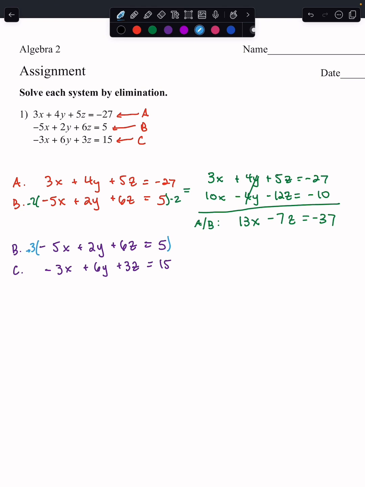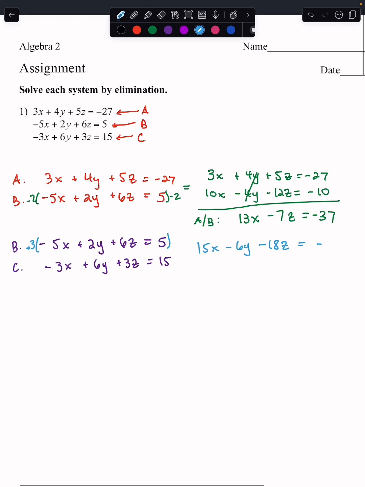This ends up becoming 15x minus 6y minus 18z equals negative 15. And on the bottom row, nothing changed.